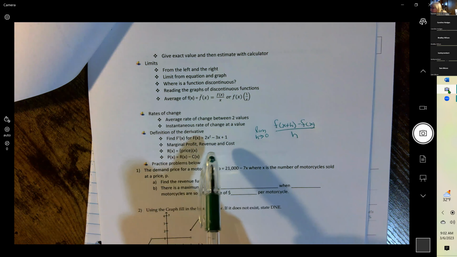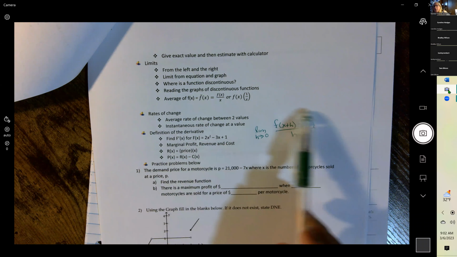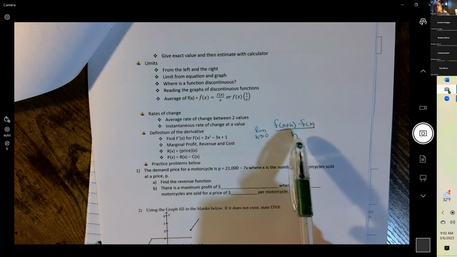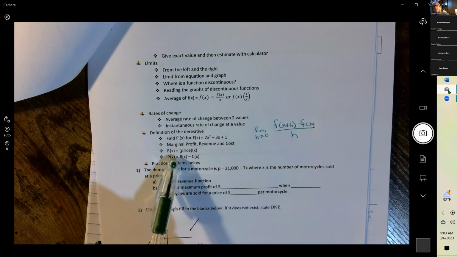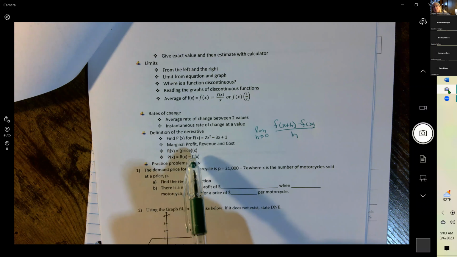Marginal profit, marginal revenue, and marginal cost, all of those are the derivative. Revenue is price times quantity, and profit is revenue minus cost.